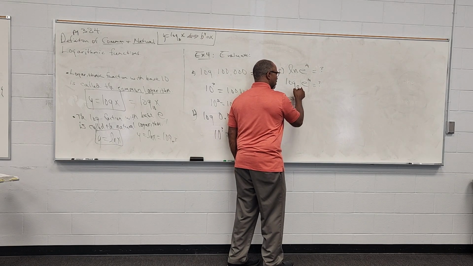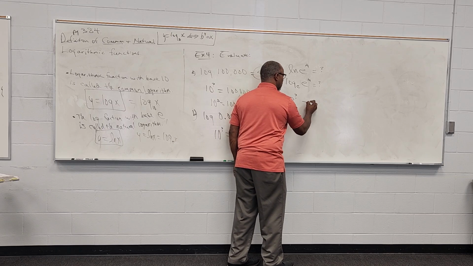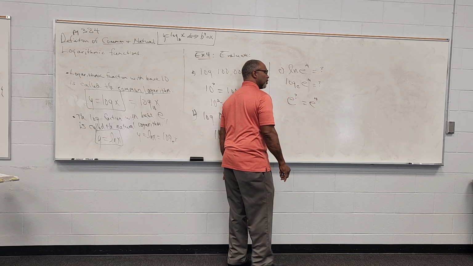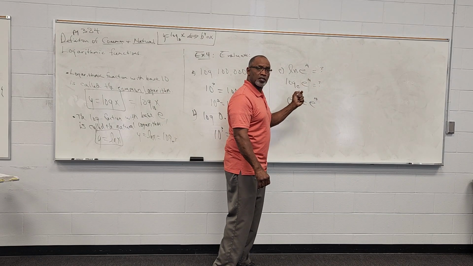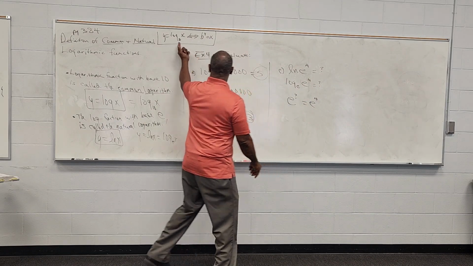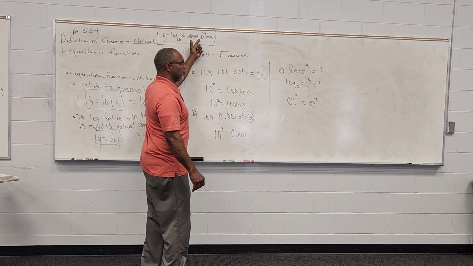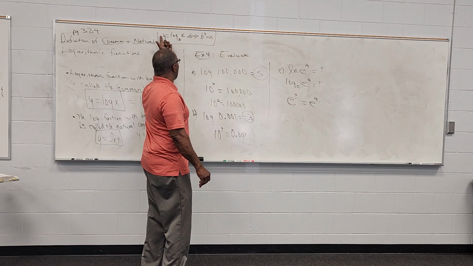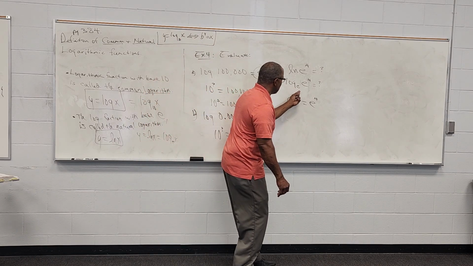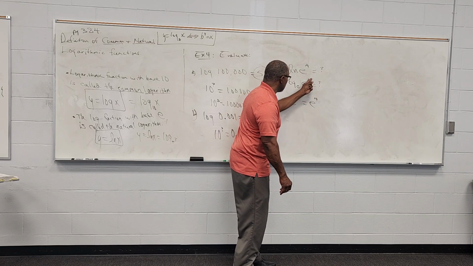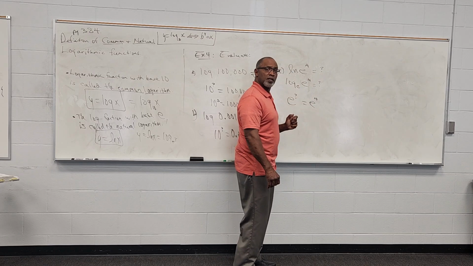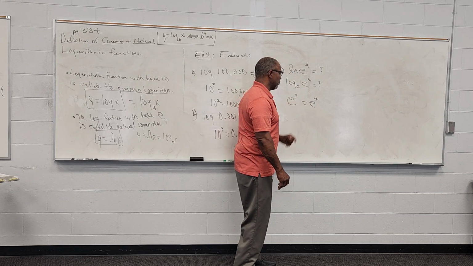So the question you ask yourself is, the base raised to what power gives you e to the 4? Remember, b to the y equals x. You're converting from log form to exponential form. My base is e. I'm trying to figure out what y is. And clearly, it better be 4.